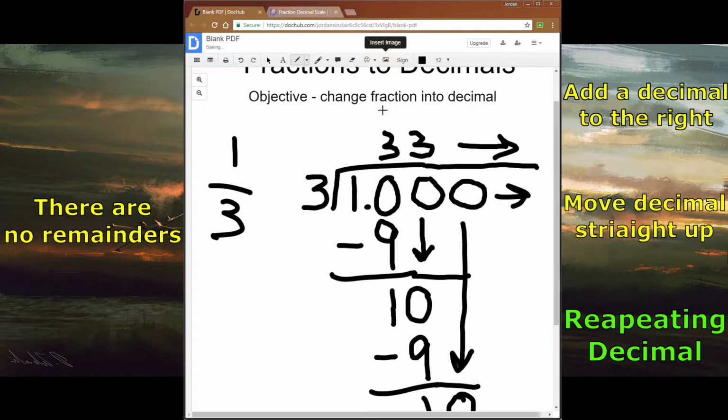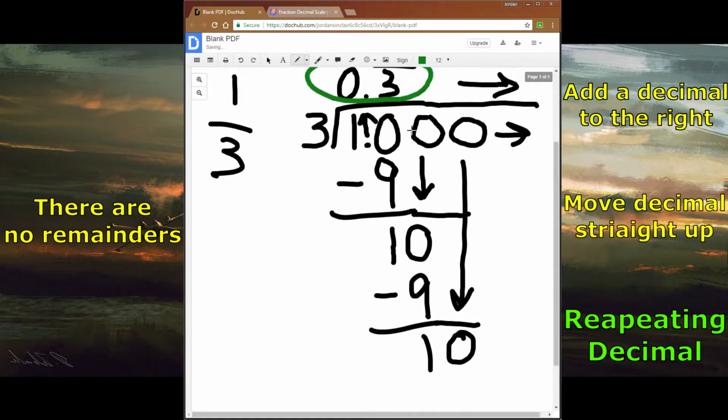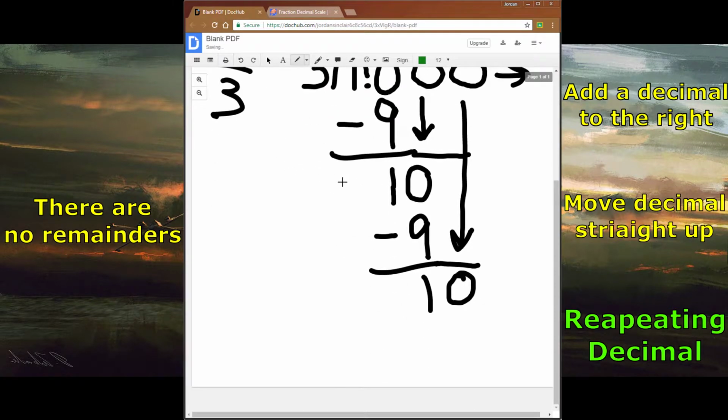So instead, when you answer this repeating decimal, let's put our decimal up, like so, with the 0, and then to answer it, you put a dash right up here to explain to me and everyone else that it is a repeating decimal. So your decimal is 0.3.